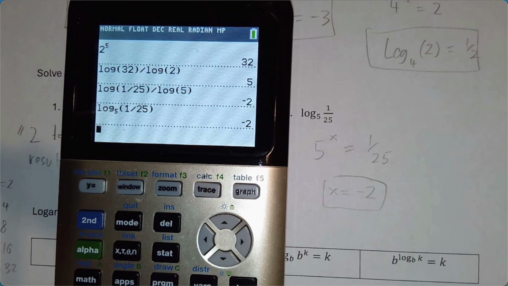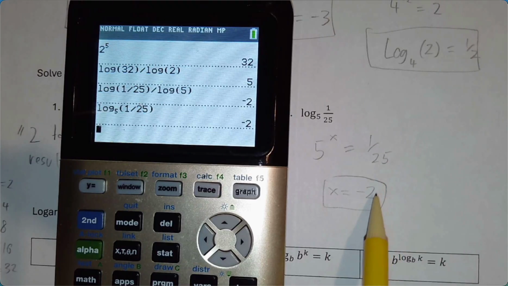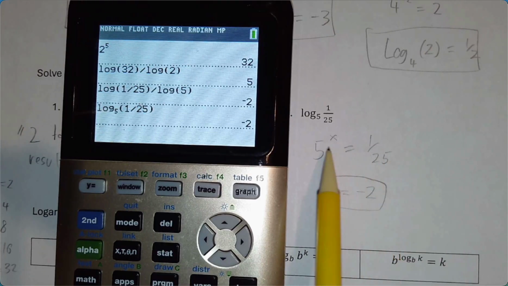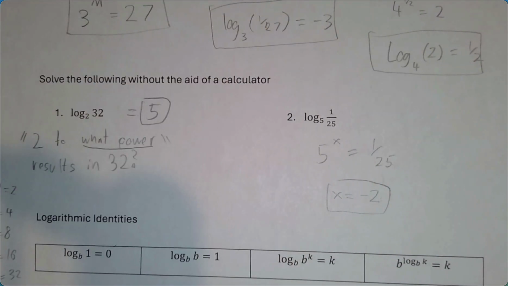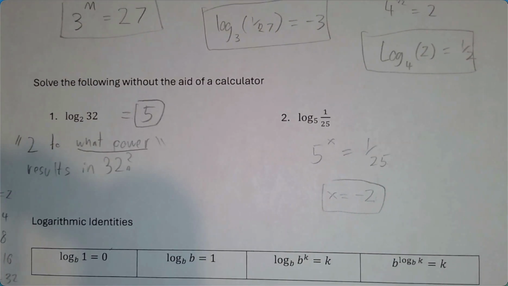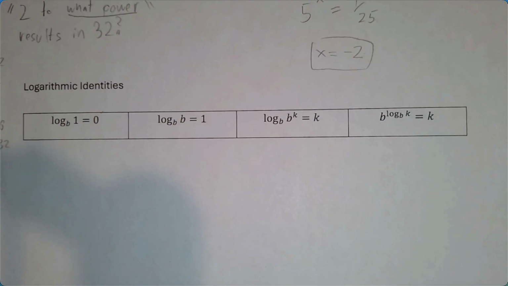Hopefully, with time and practice, you can learn that 5 to the -2 gives me its square on the bottom. 25 is 5 squared, 5 to the second. But 25 on the bottom means I must have had a negative to transfer it to the bottom. Hopefully you memorize that, and if not, then you've got to rely on your calculator, even though it says not to use it, but that's fine.